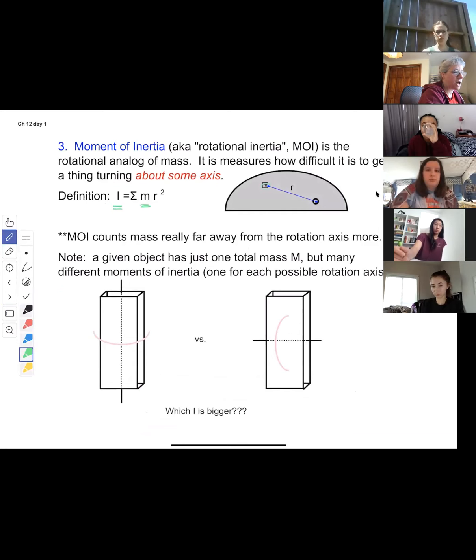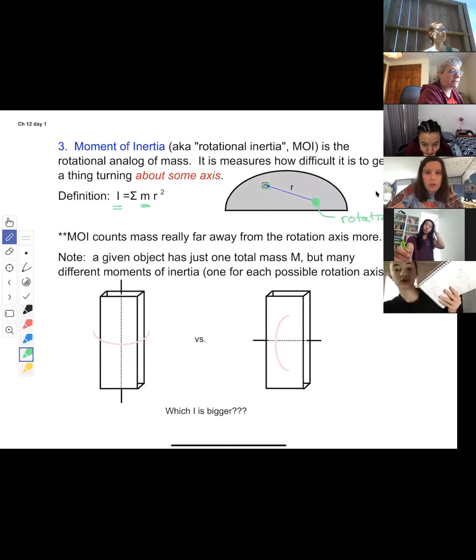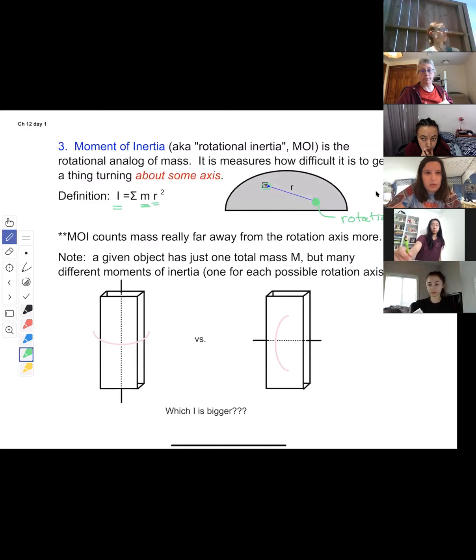It's got some little dot of mass. If I were to rotate it around an axis here, then this mass is a distance r from that axis. I am going to count mass that's far away from the axis more than mass that's closer. That's the big idea behind moment of inertia.